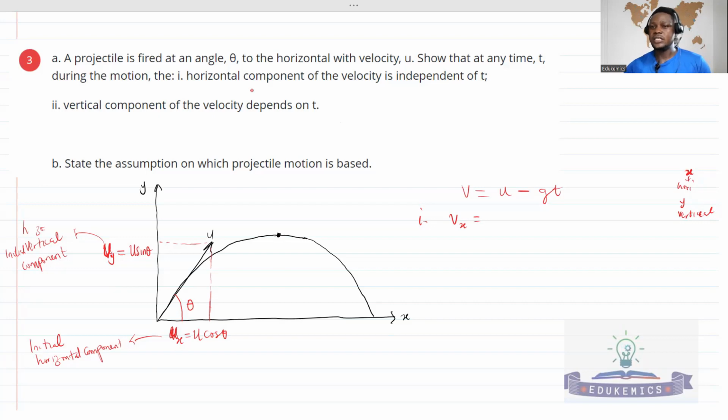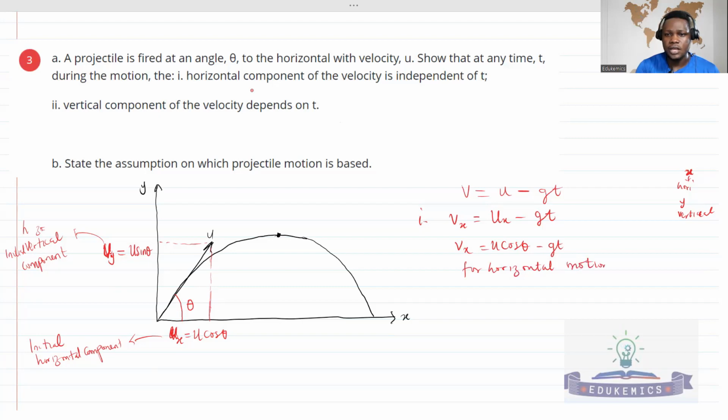And since we are dealing with the horizontal component, we will use the final horizontal and the initial horizontal. So the initial horizontal component is ux. So Vx is ux minus gt, that's u cos theta minus gt. But because the motion is horizontal, there is no effect of gravity.